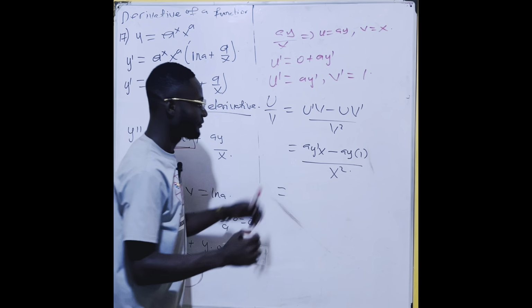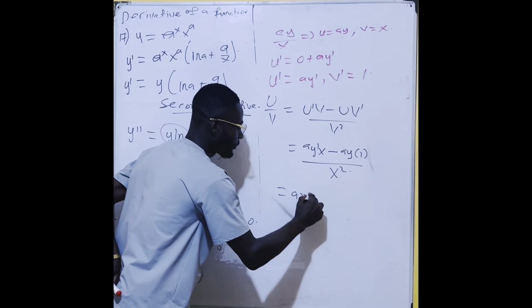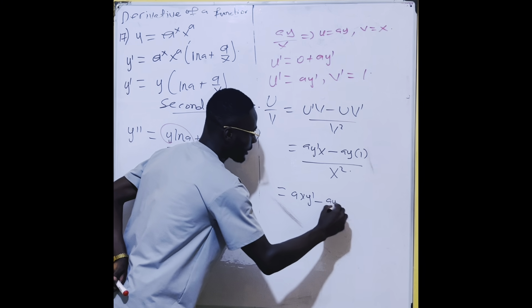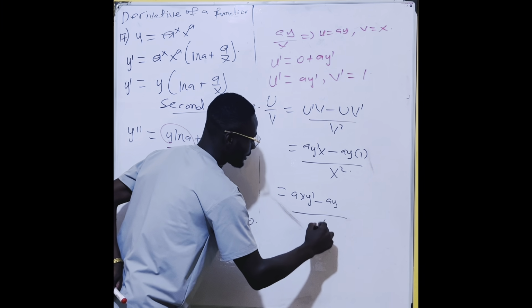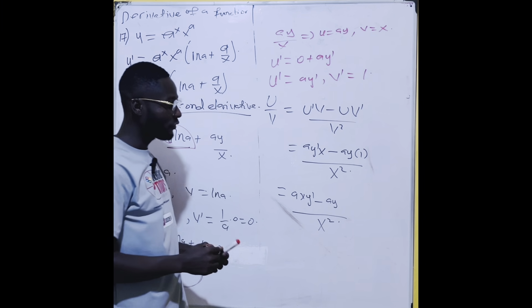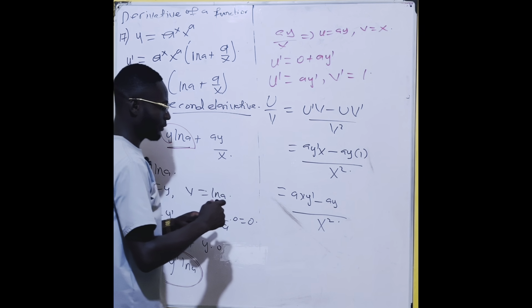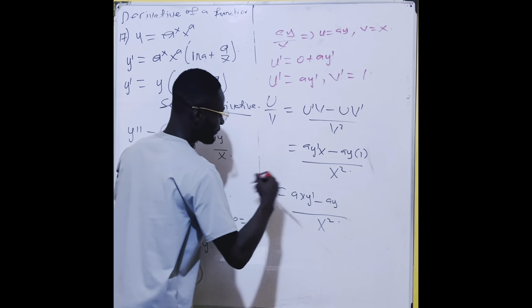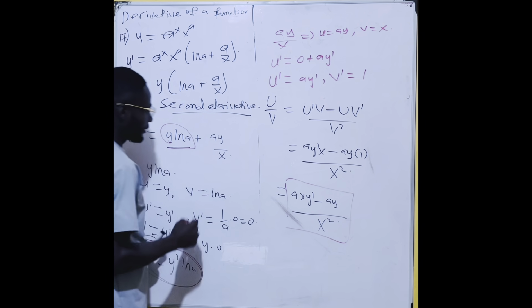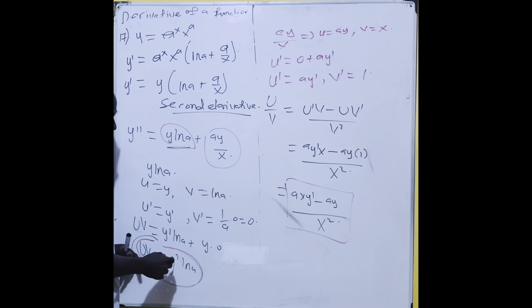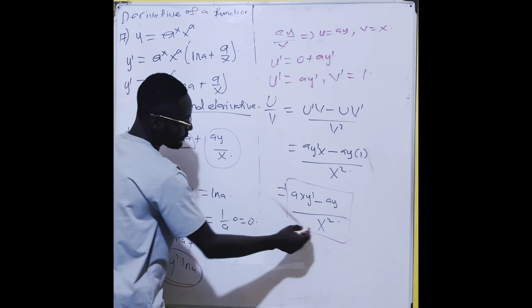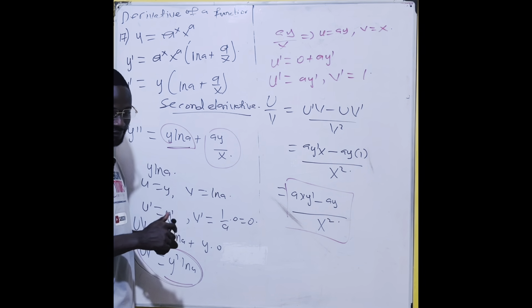So we have ax y prime minus ay divided by x squared. So this is the derivative of the second term. Okay, so we have this for this. So we're going to combine this and this to have our second derivative.